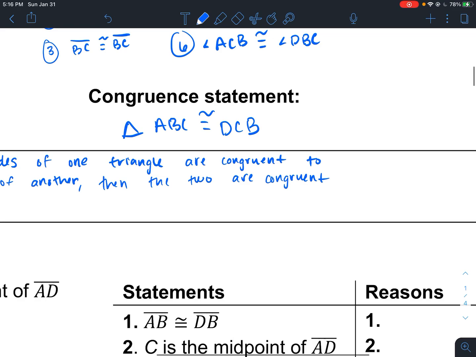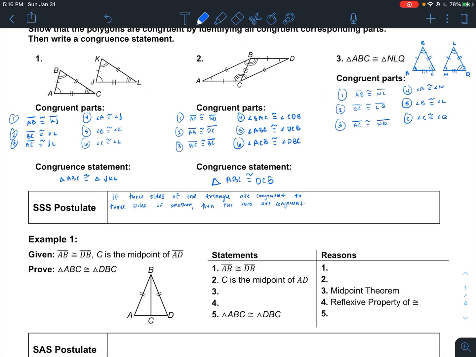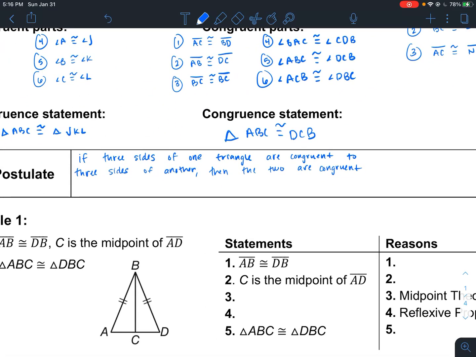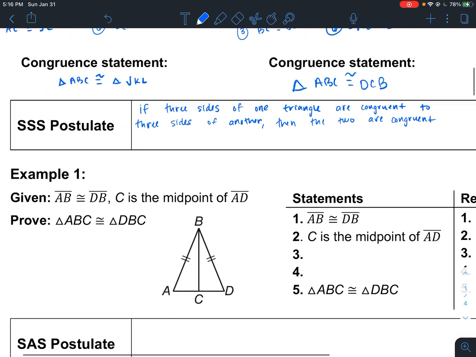So if three sides of one triangle are congruent to three sides of another, then the two are congruent.